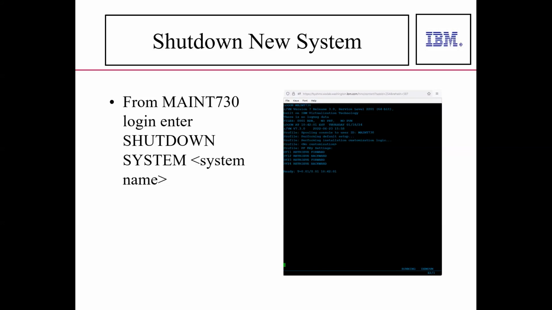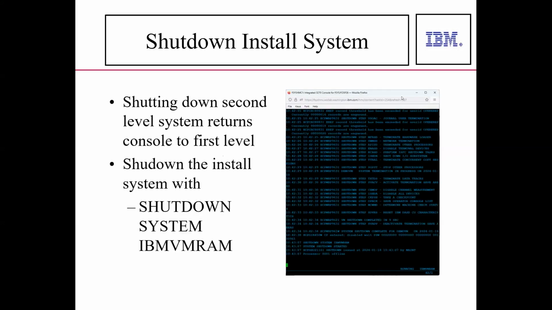I would issue the command shutdown system demo VM, and the system will actually shut down. Now notice that with all the shutdown messages that came out, my system ID is now IBM VM RAM. So I'm back at the first level maint user ID in the LPAR.